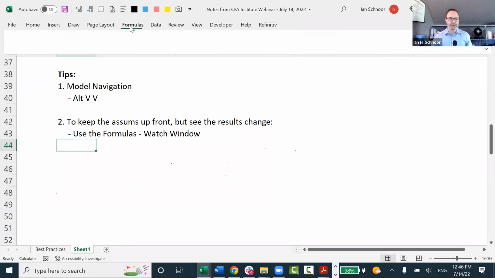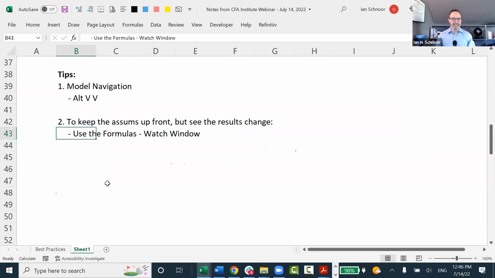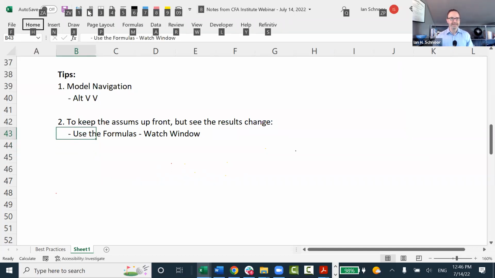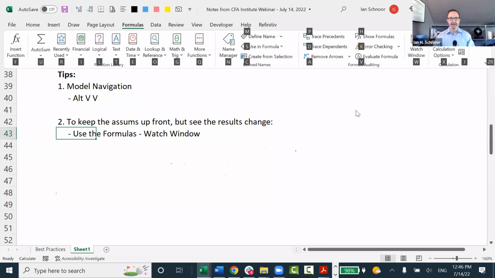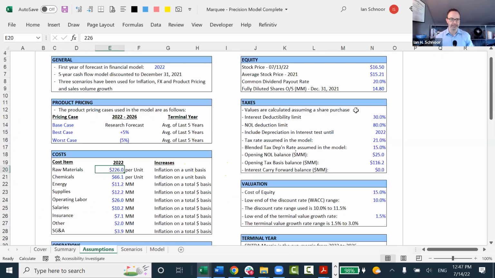It lives here, Formulas, and then it's a button called Watch Window. With the keyboard, you're going to go Alt and then the letter M, and then the letter W. So let's watch how this works, guys. Alt M and then the letter W. Alt M W is going to be the keyboard shortcut to launch it. Let's take a look.